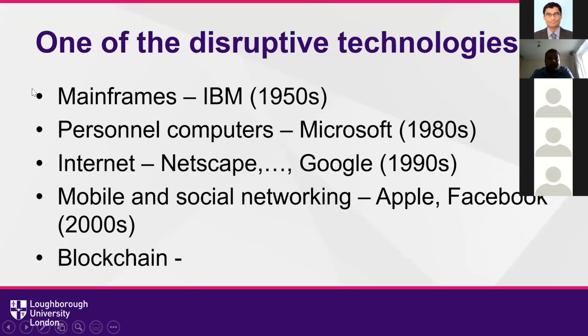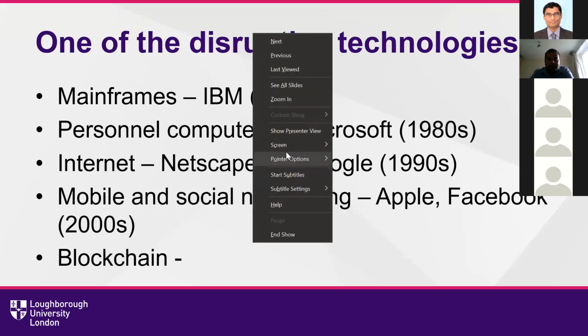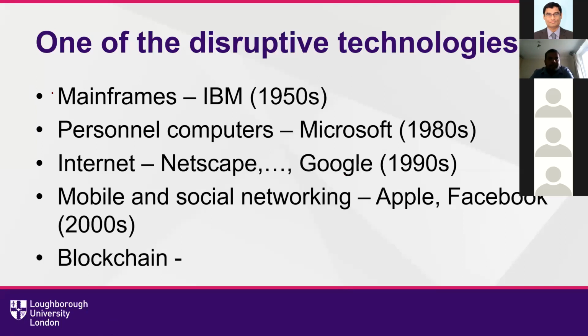If you look at the history of disruptive technologies, in the 1950s we had the mainframes. That's where computing capabilities got started. Then in the 1980s we had personal computers, which is just 40 years ago, right?